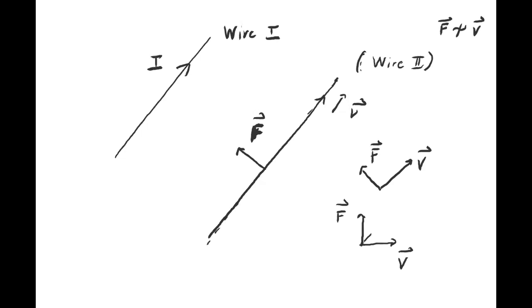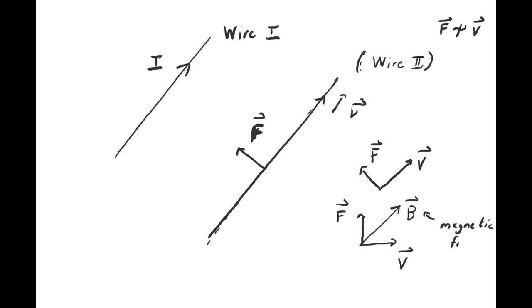So what's the origin of this force? Well, it turns out that wire 1 will generate everywhere in space a new vector field. It's not electrostatic in nature at all. It's something we'll call the magnetic field.